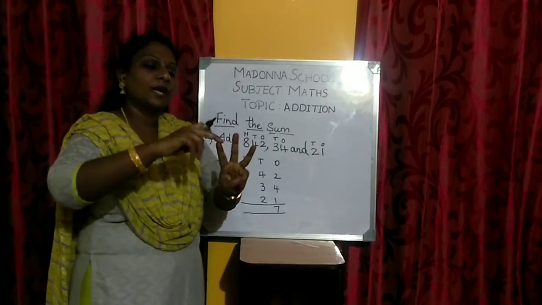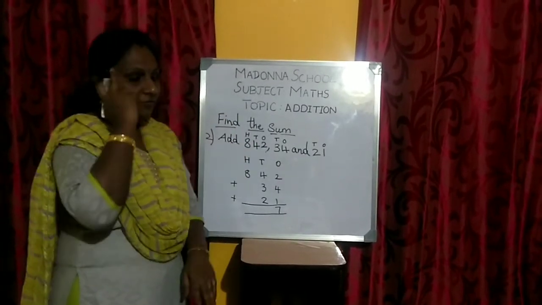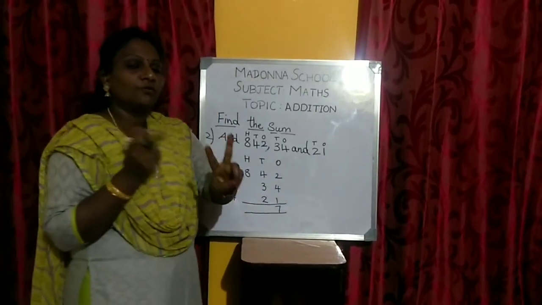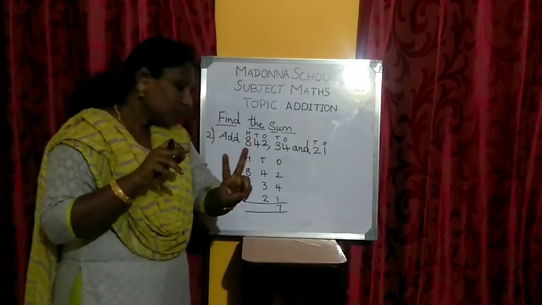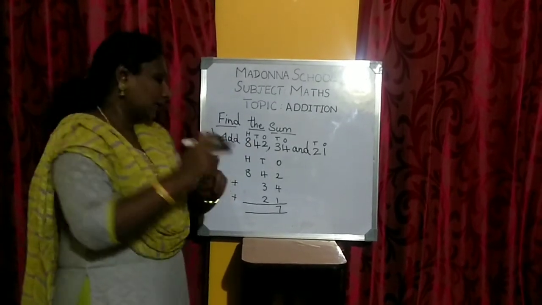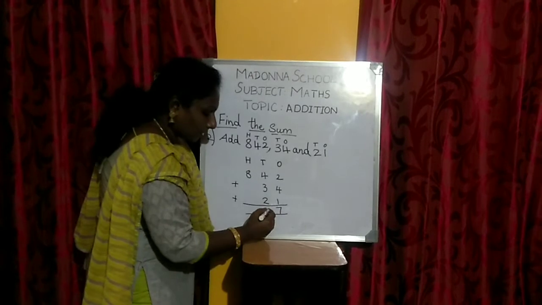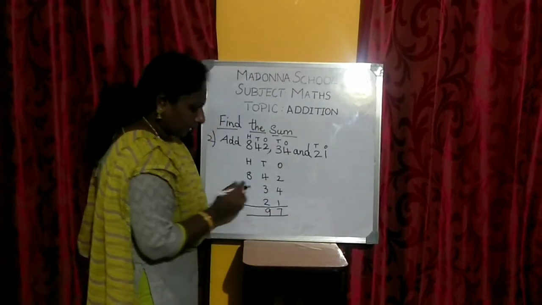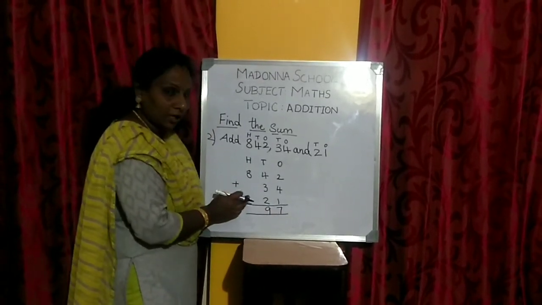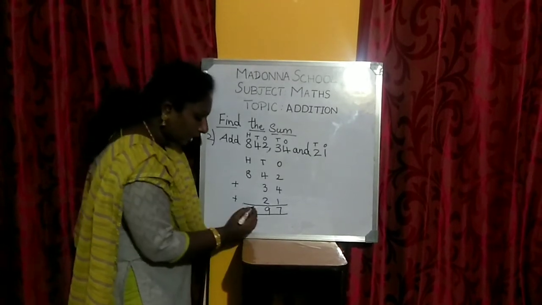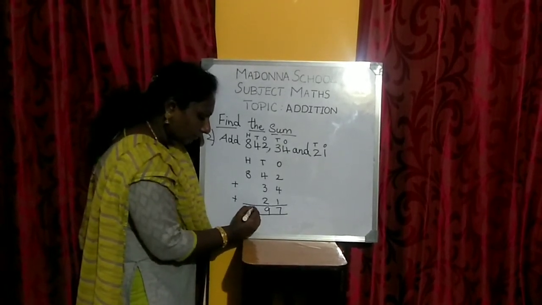After 4, 5, 6, 7. So 7 in your mind, 2 show it in your finger. After 7, 8, 9. So 4 plus 3 plus 2 equals how much, children? 9. Okay, do you have any number here? No. What should you do, children? You should bring down the number as it is.